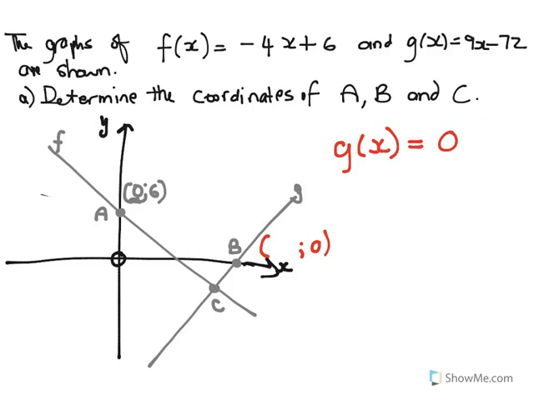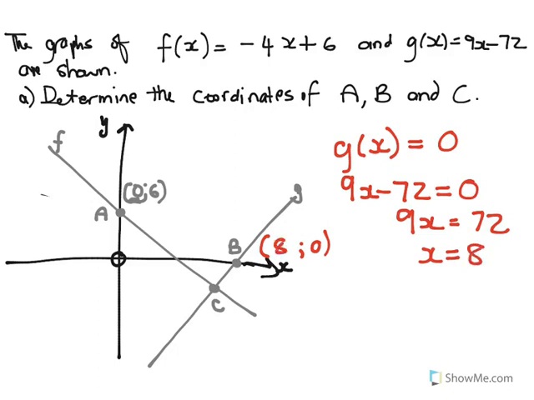So we figure that out by saying, well, when is 9x minus 72 going to spit out 0 as its output? So 9x would have to be equal to 72, and so x would have to be 8, right? So the coordinates of B are going to be 8 and 0. When my input is 8, my output is 0.